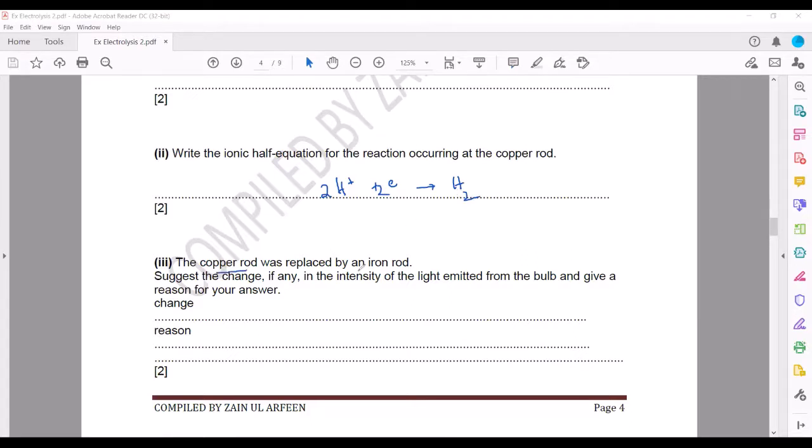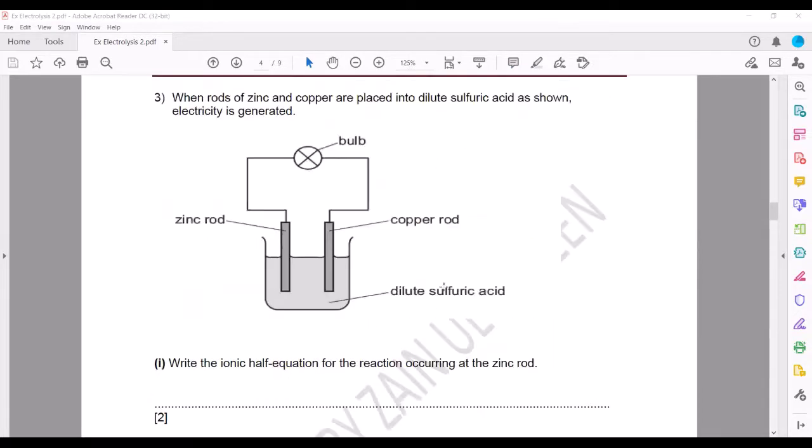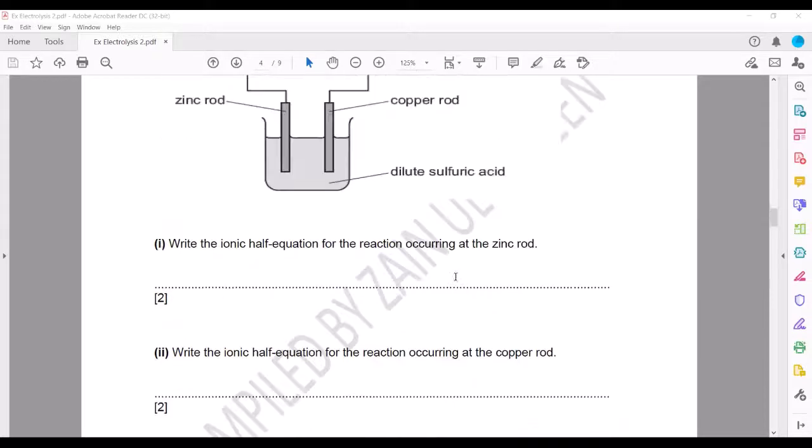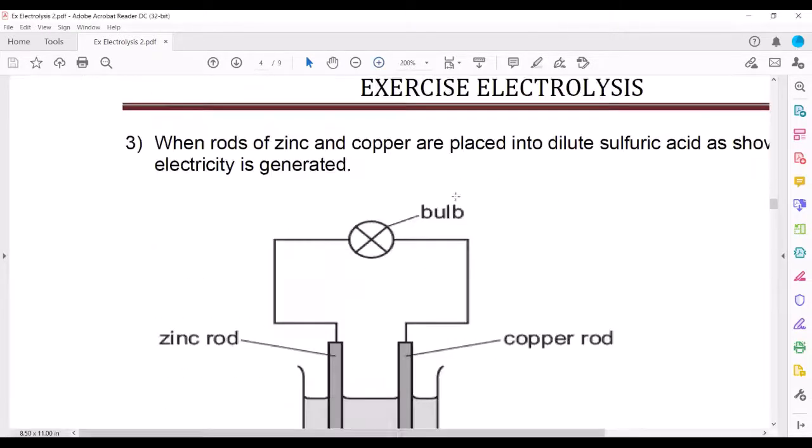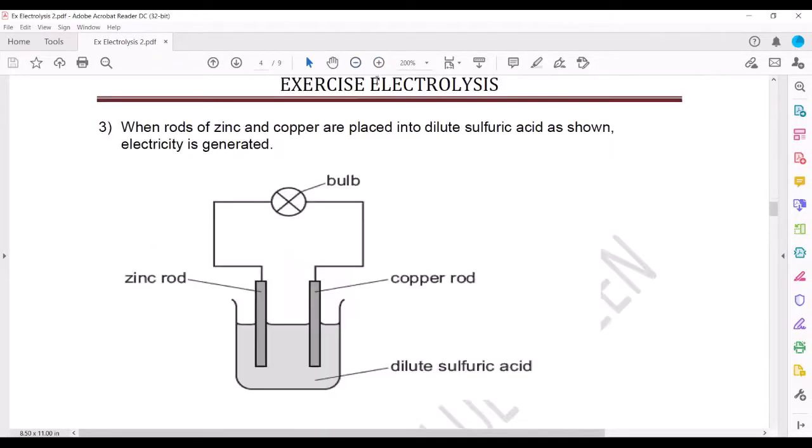The copper rod is replaced by iron. Suggest the change in intensity of the light and give a reason. So what they did here, instead of using copper, they replaced the copper with iron.